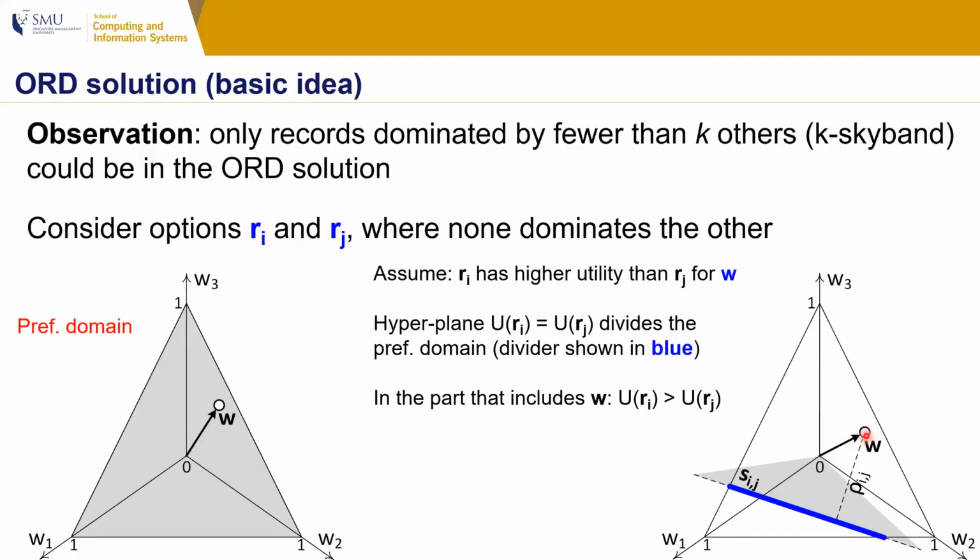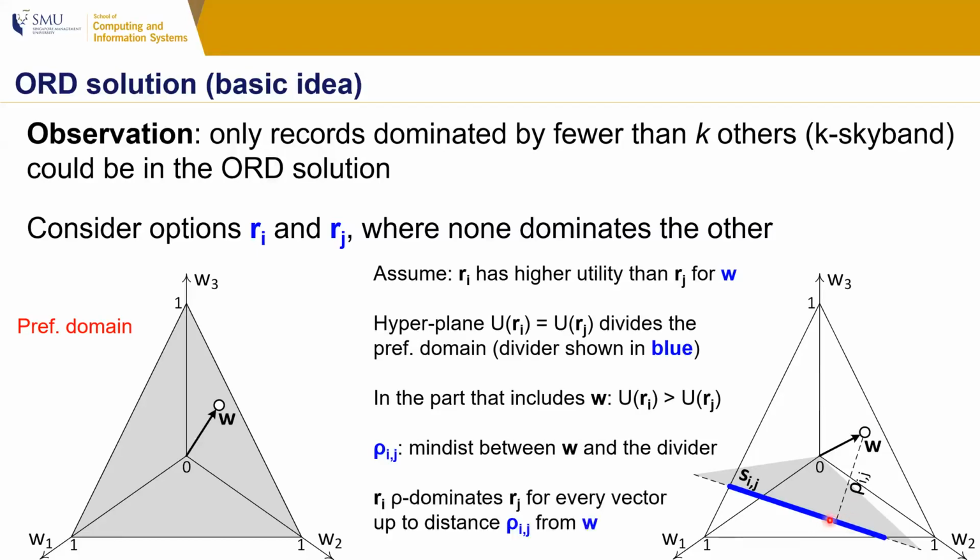So if we compute the minimum distance rho ij between the seed vector W and the divider, we know that Ri is gonna rho-dominate Rj for any vector that is within this distance rho ij from the seed vector.